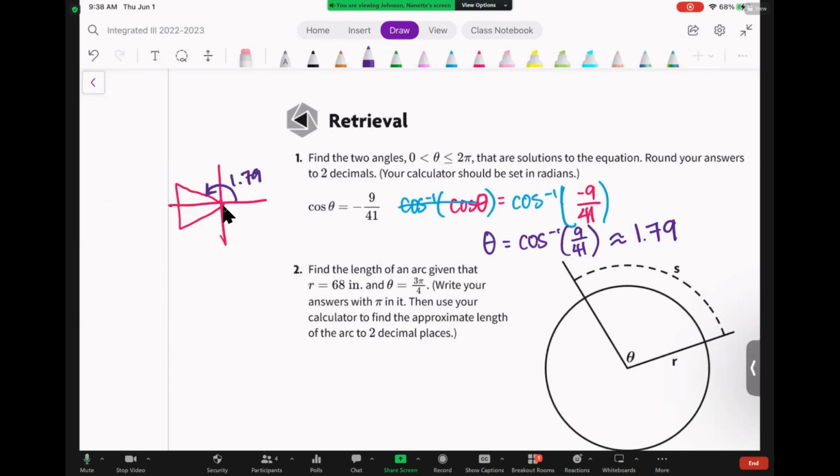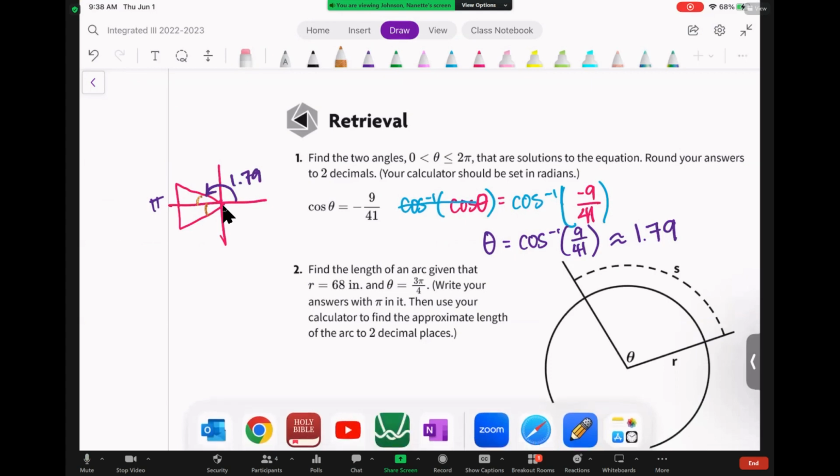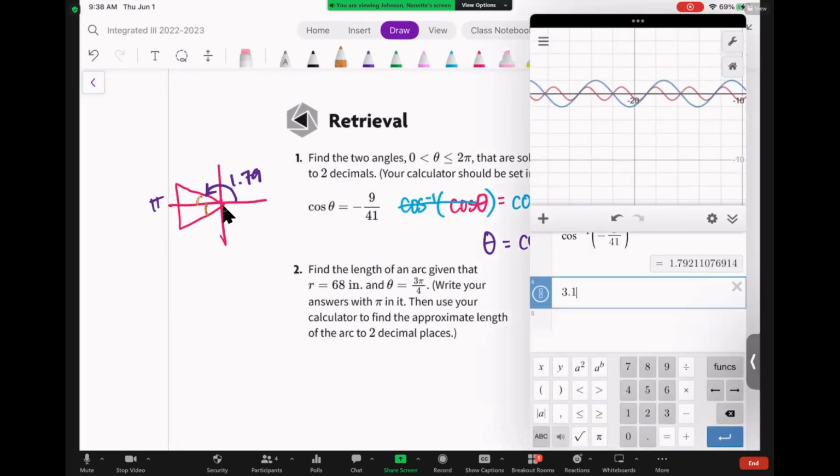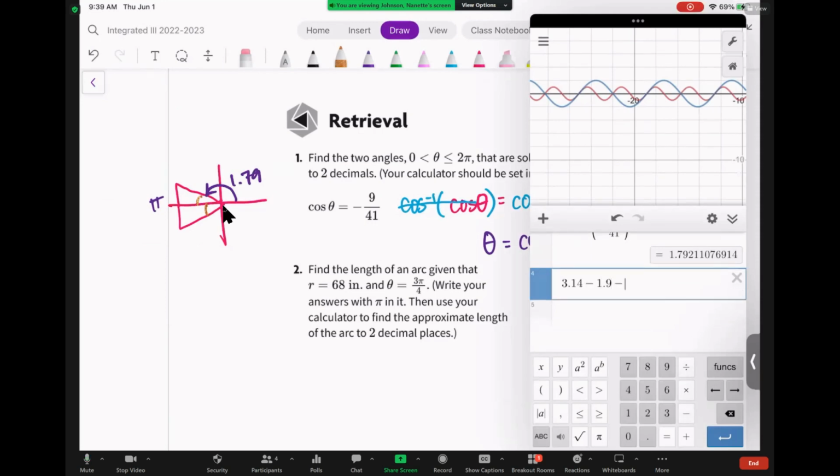And I actually need the reference angle, the rest to pi. I need to find this angle here, because if I know that angle, then I can figure out the bigger angle. So I bring out my Desmos and go 3.14 minus 1.79, and I get 1.35.